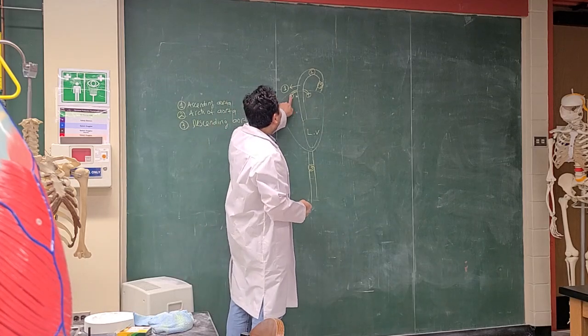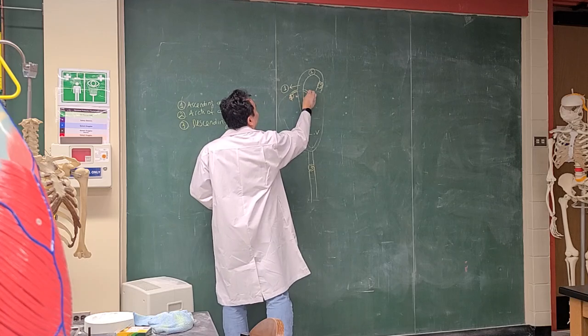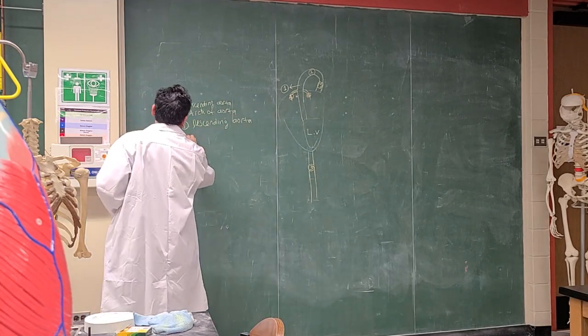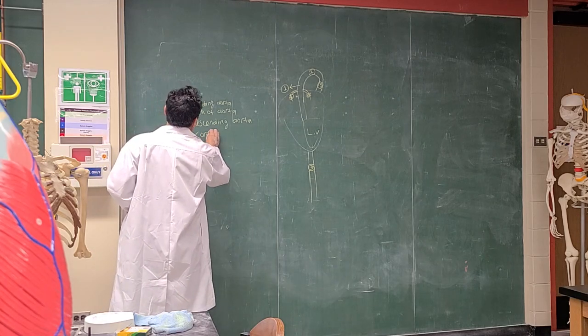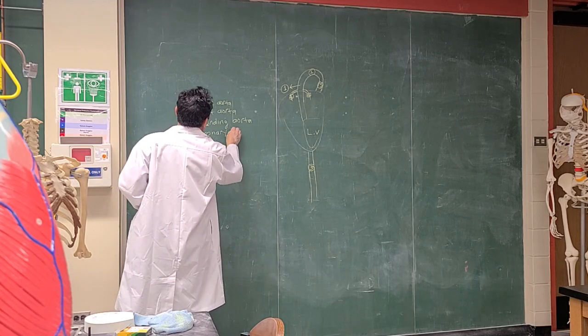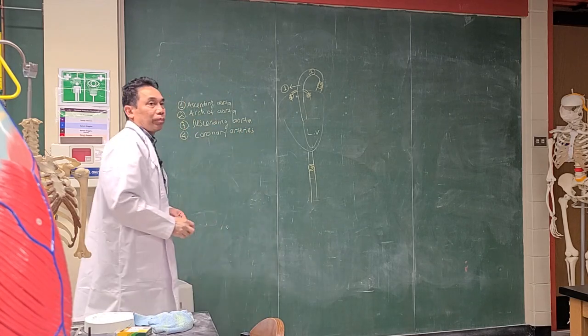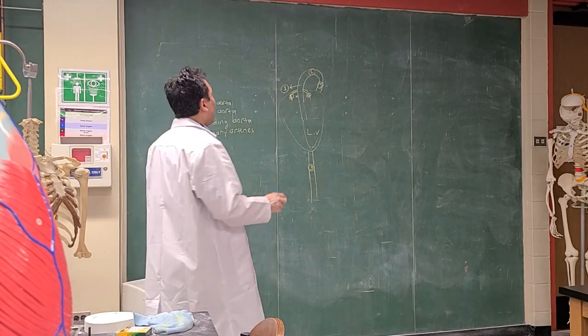Sorry, I jumped too much. So it's going to be number 4. Number 4 is the coronary artery. It's going to be left and right.